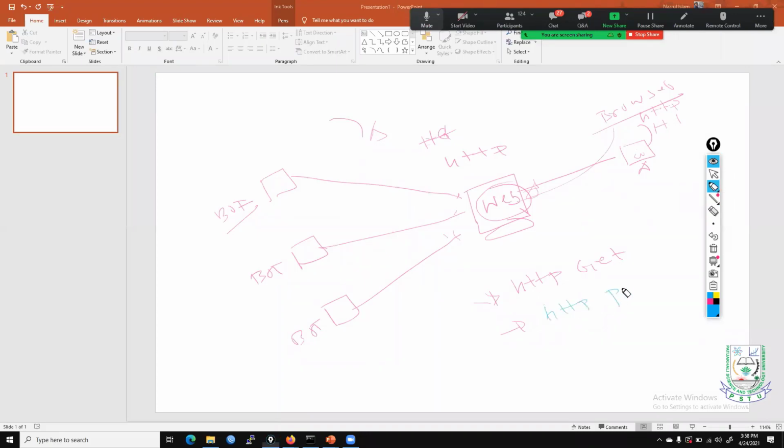These two types of attack can happen using HTTP flood attacks.